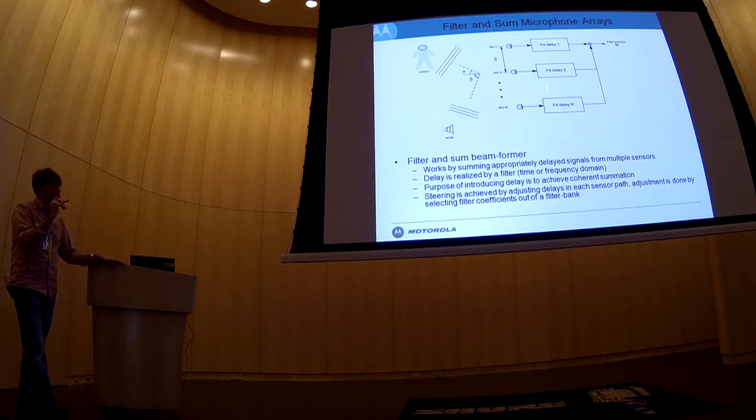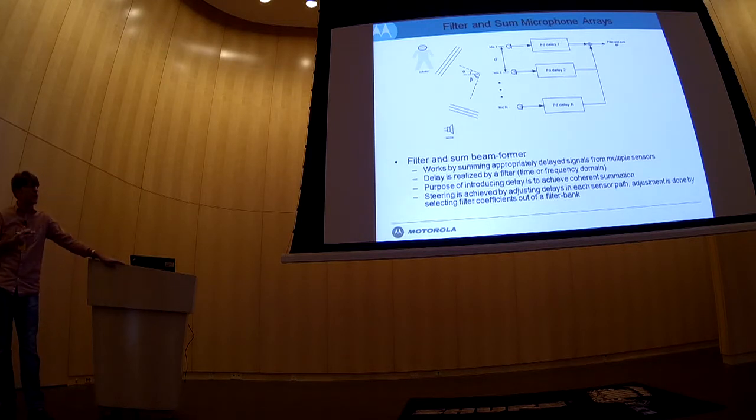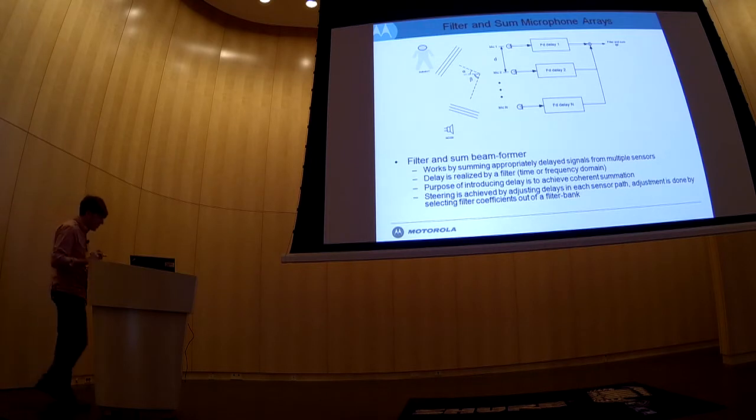Usually, these filters, their coefficients come out of a filter bank. They're selected for a specific lookup direction of the array, or they could be calculated on the fly. For example, if one were to use a fractional delay filter, and if one were to steer the lookup direction of the array, these fractional delay filters can be easily calculated on the fly if that's how the array was realized.